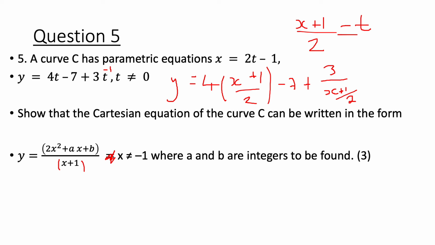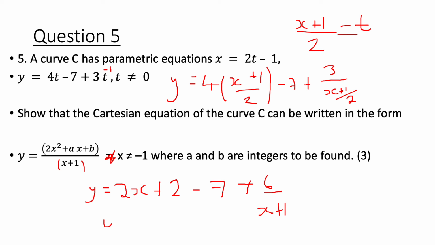Okay, so simplifying this, guys, what I'm going to get is y equals, so that is going to become 2x plus 1 plus 2, sorry, subtract 7 plus, so working this out, I'm going to get 6 over x plus 1.